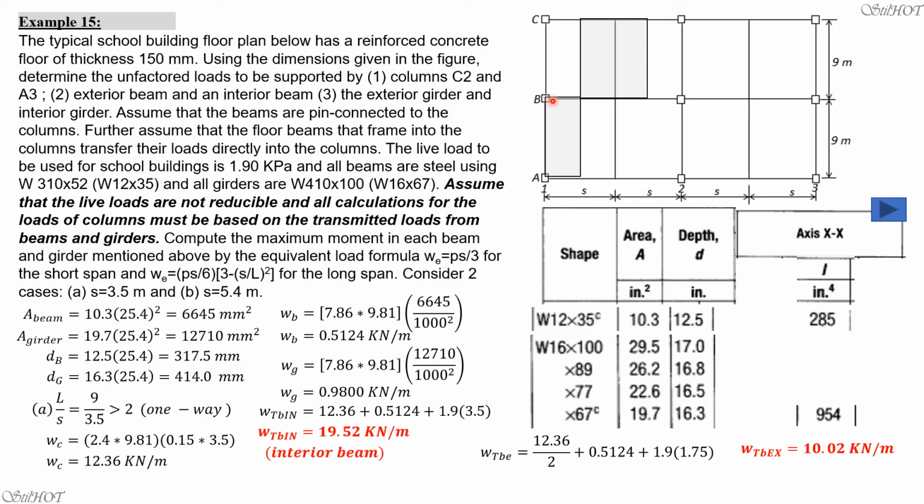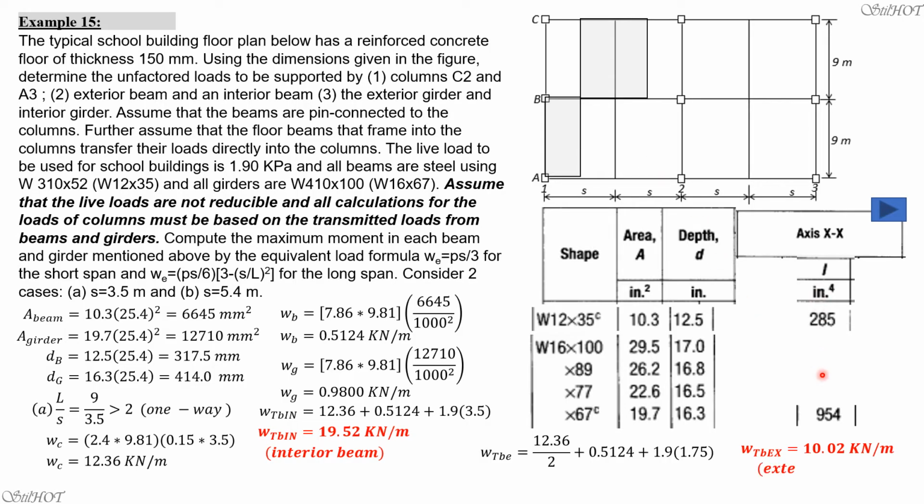For the interior girder, the loading would be the weight of the girder plus the reaction at the end of the beam. And since there are two interior beams, you have to multiply it by 2. Then for the exterior beam, there's no problem because this is the uniform load, and we have the weight of the beam, which is already incorporated in the problem.